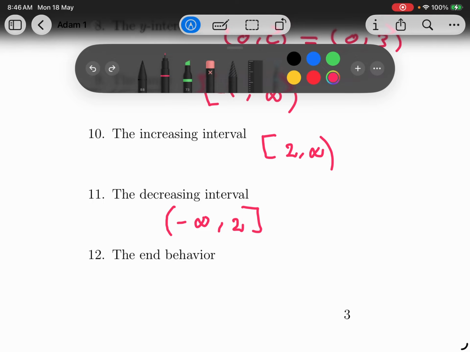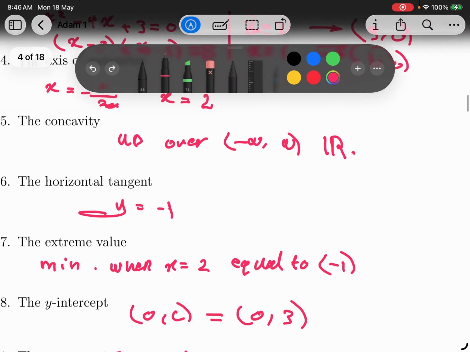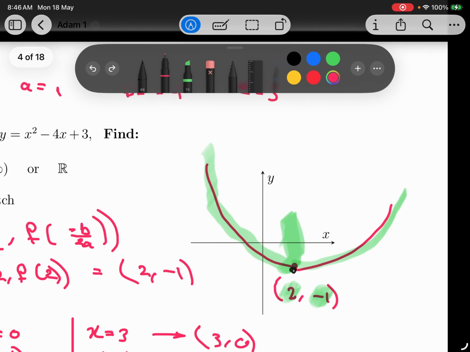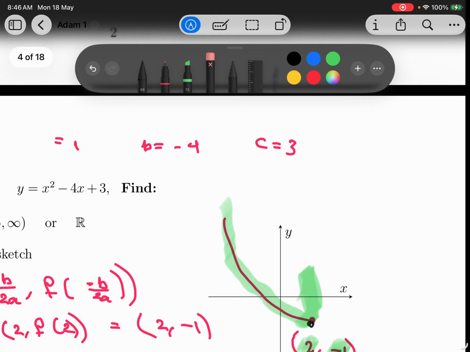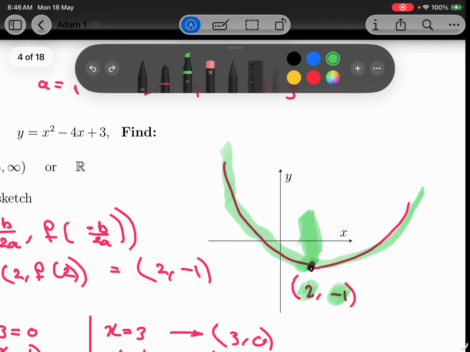The end behavior, we can depend on this graph. Look at this graph. Regardless of x going very, very big or very, very small, the function in both cases goes to infinity, right? And we have agreement before, when a is positive, whether x goes very big or very small, the function in both cases goes to infinity.